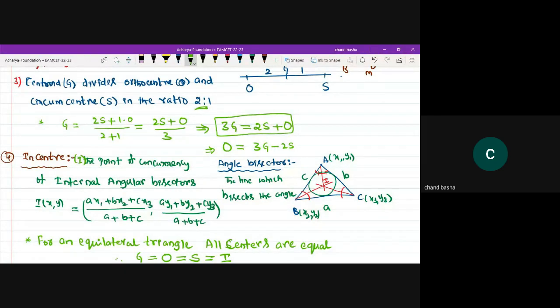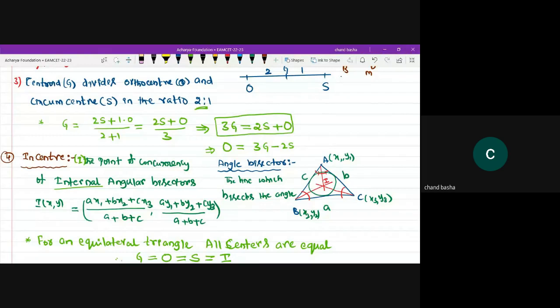Sir, you have discussed internal angular bisectors. What about external angles? Yes, external angles are also possible. Even we have studied in 9th standard, lower classes: the external angle is equal to the sum of the opposite internal angles. Suppose I have the triangle like this.